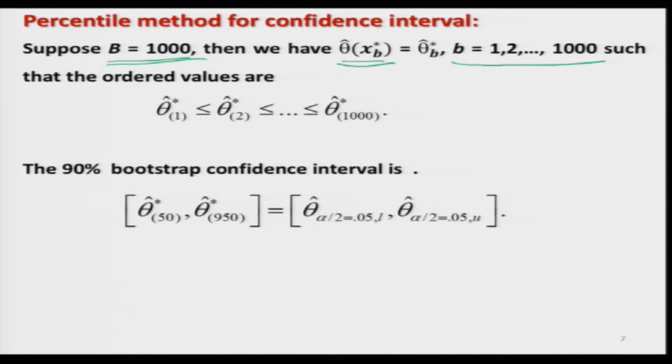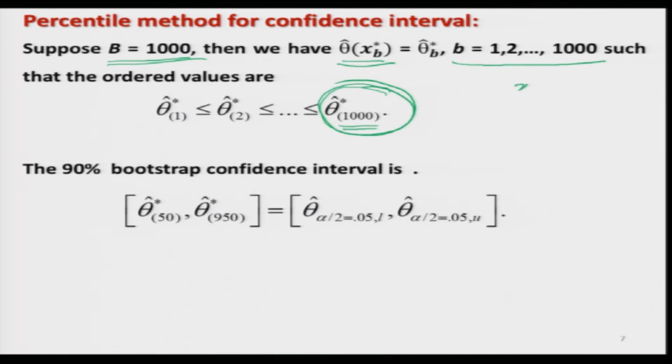Whatever is the maximum value is denoted by theta hat star 1000, with the 1000 inside the parentheses. That indicates the ordered value, which is the standard notation in statistics.